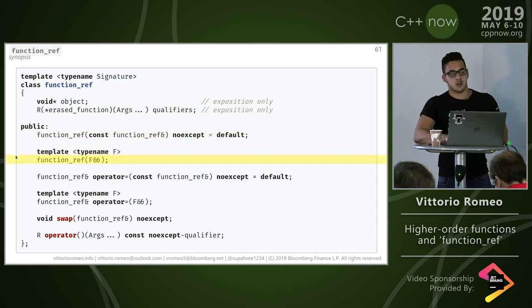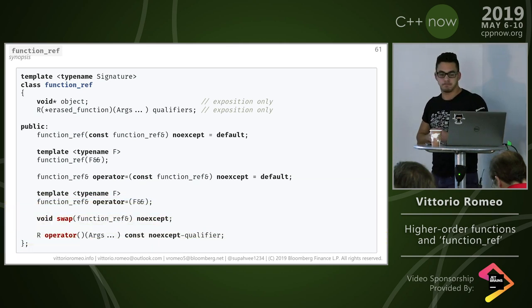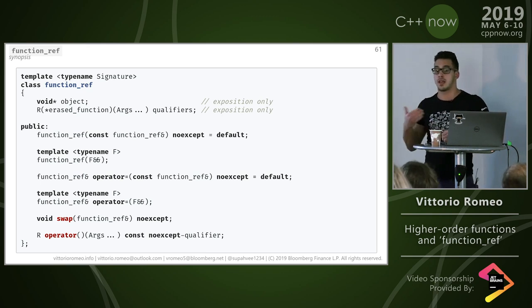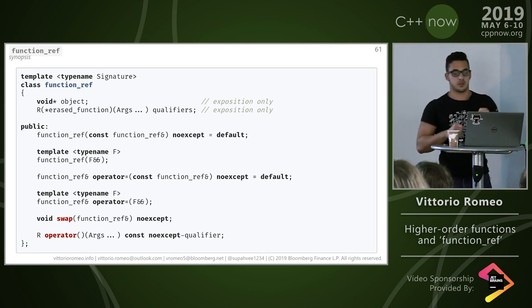You can construct it from any callable, given some constraints we're going to see later. You can rebind it either from a function_ref or another callable, swap it, invoke it, and so on. Question: is this object needed if this is a member function? Yes, and also if it's a stateful lambda, you need to point to the actual closure object and then to the thing you invoke.